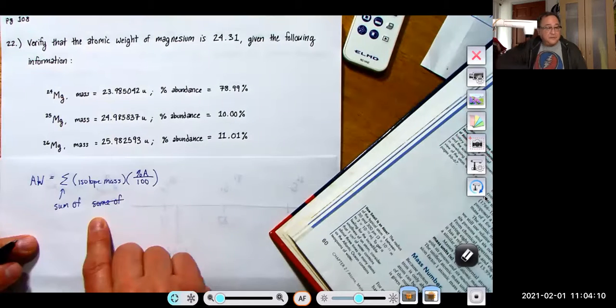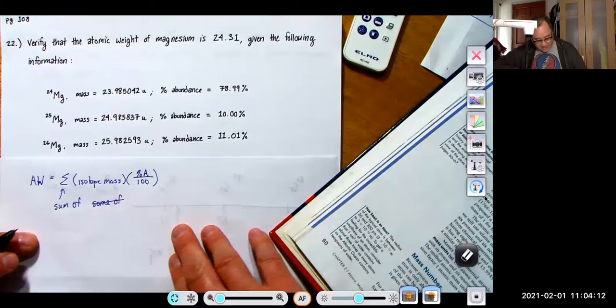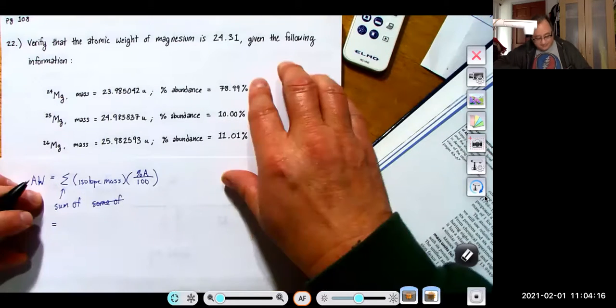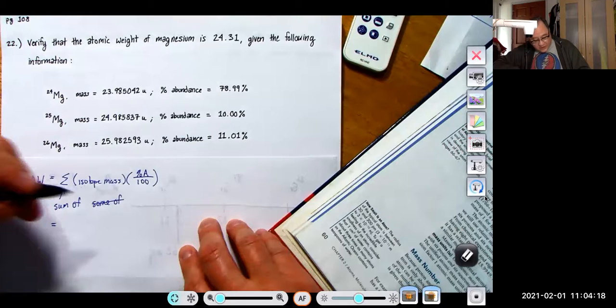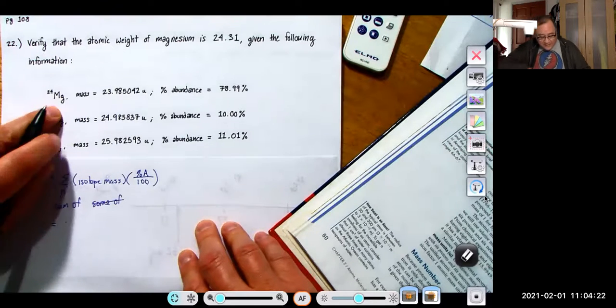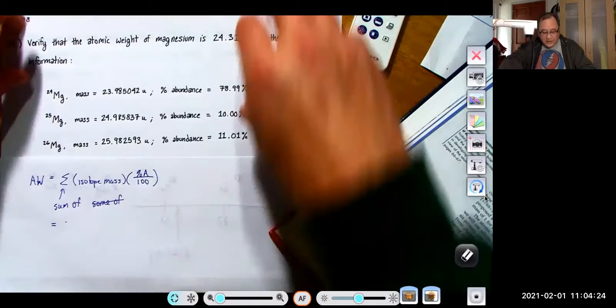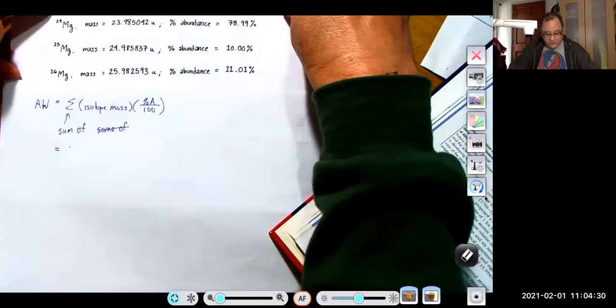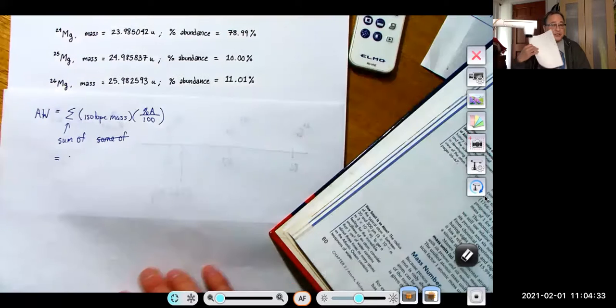So this means sum of. Okay? So let me show you what it looks like for this particular problem. I'm going to write this out in great detail, not the kind of detail I expect to see on the exam, but the kind of detail so that you understand my solution.